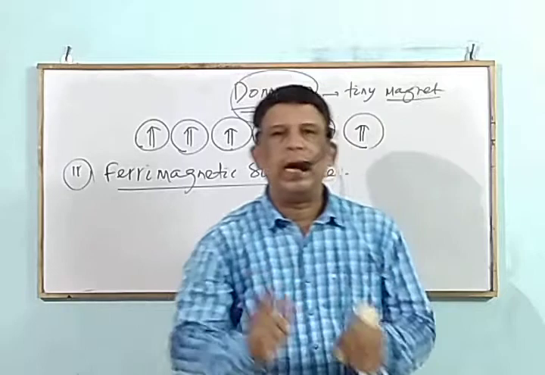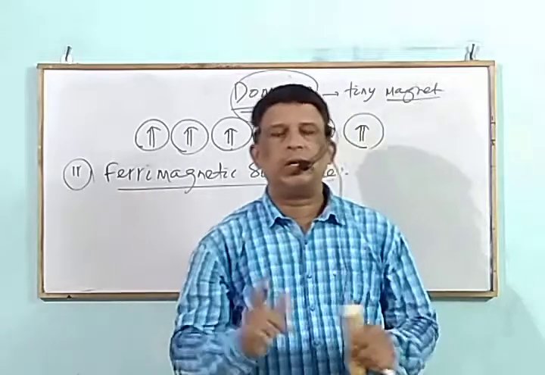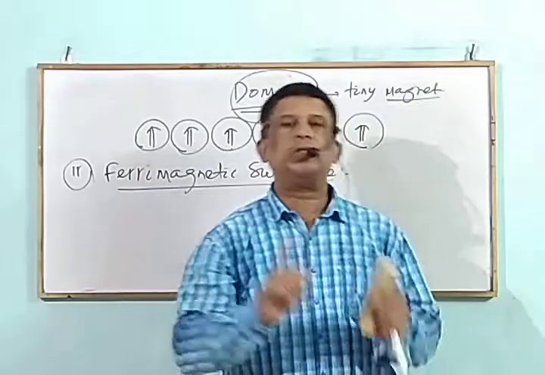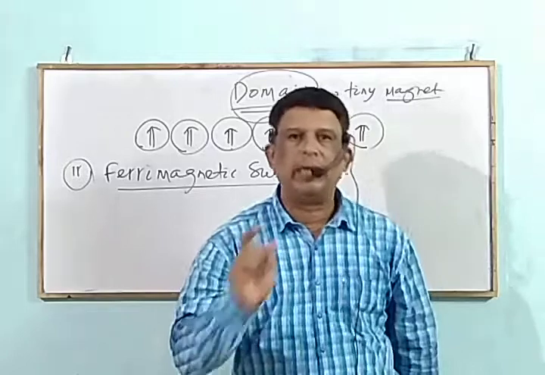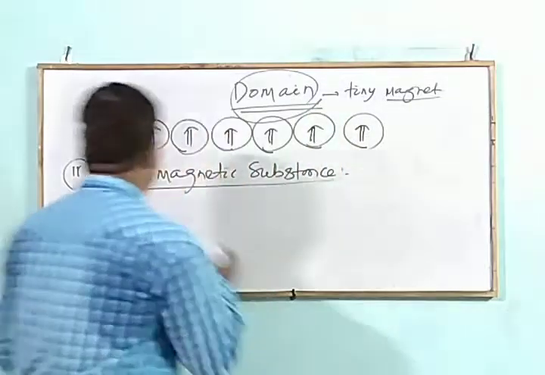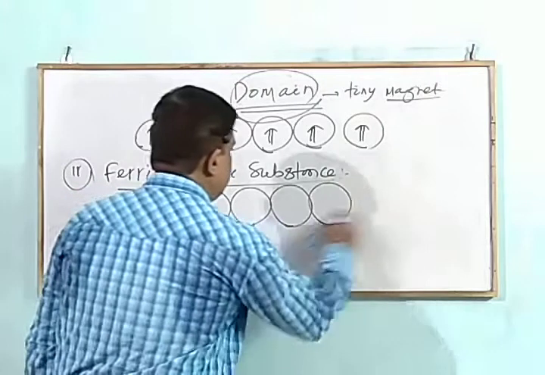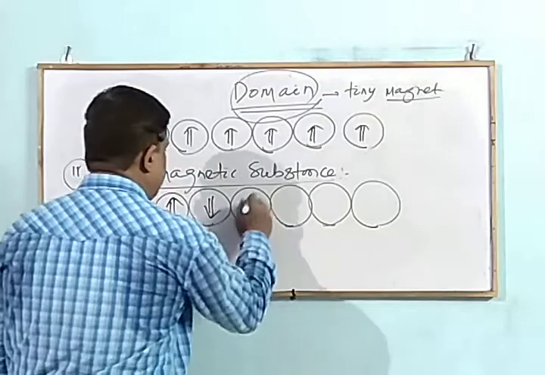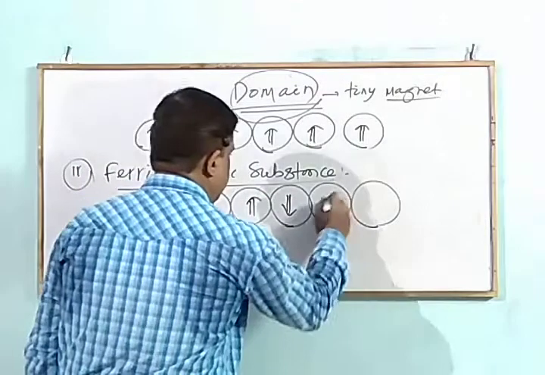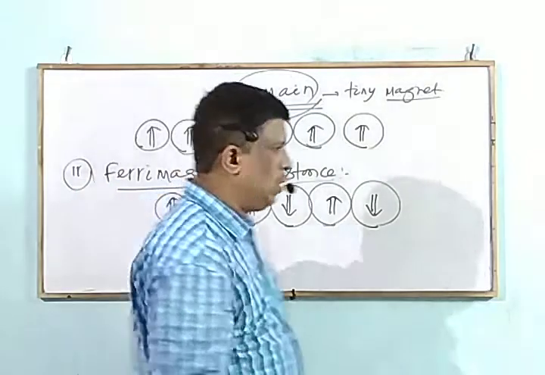Their magnetic moment is zero. Because the domains are opposite to each other. The alignment of domains is opposite to each other. So they behave as diamagnetic. Mark the arrangement of the domain. One is cancelled by another one.